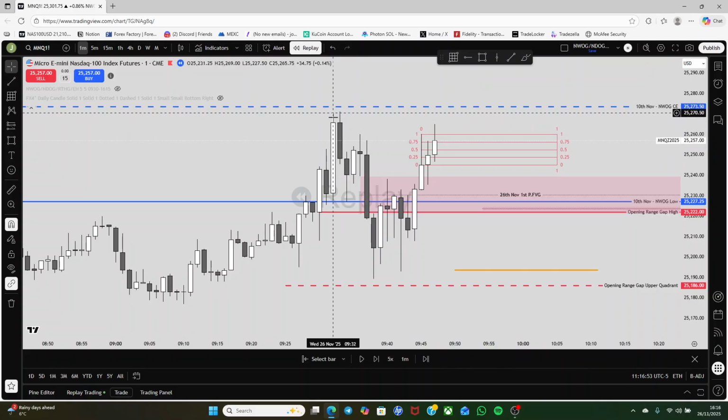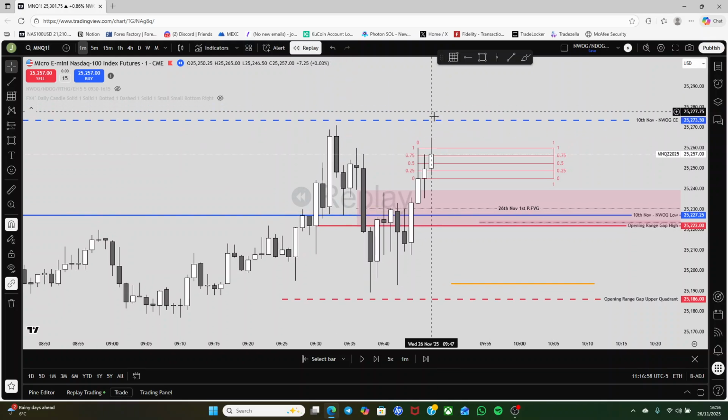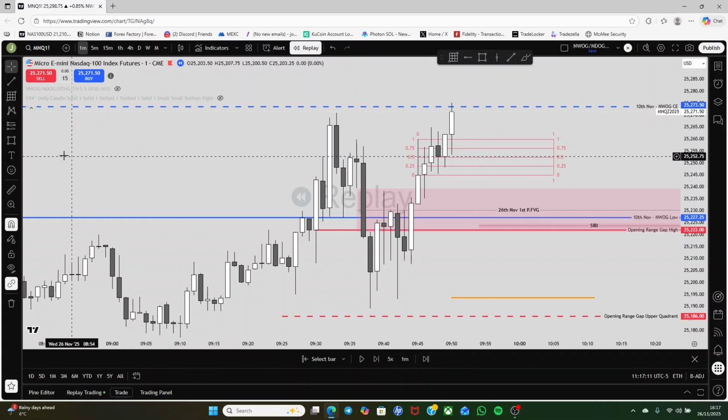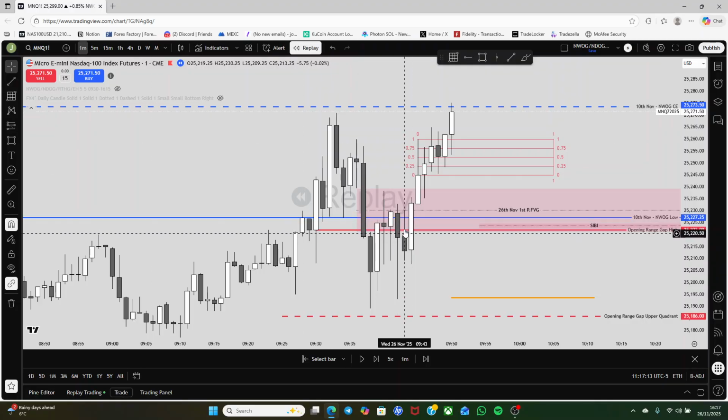So I'd probably ideally anticipate that these highs get taken as well as pushing to the midpoint of the new week opening gap. And there we go. I mean, that could have been your entry model itself.